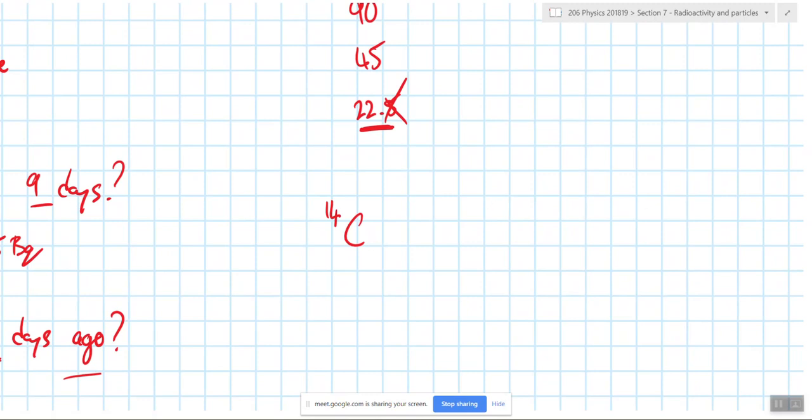All trees and plants and animals contain it as well, but in slightly different percentages. And if we dig something up that's very, very old, we can have a look at the percentage of carbon-14 that's in it. This has a half-life of about 5,700 years.